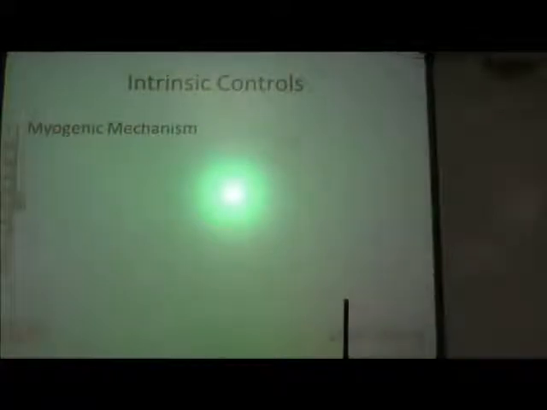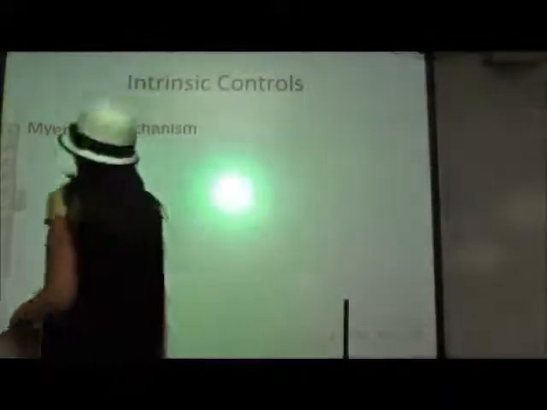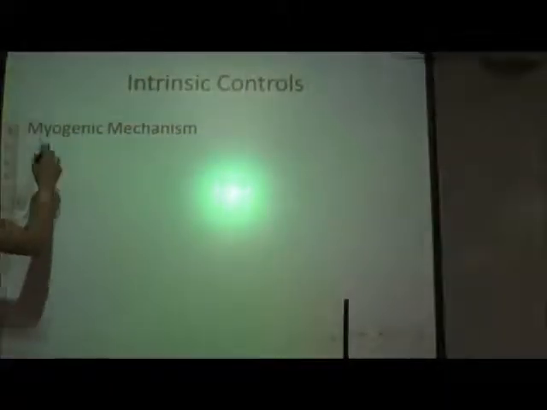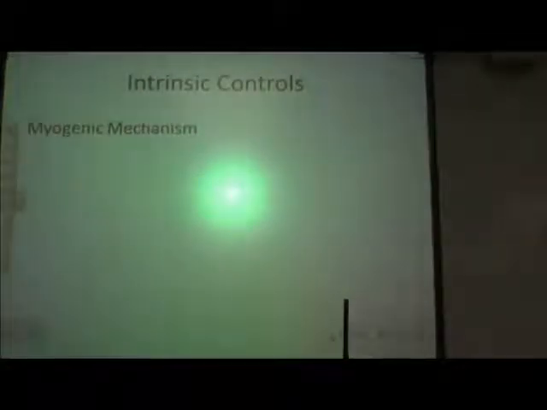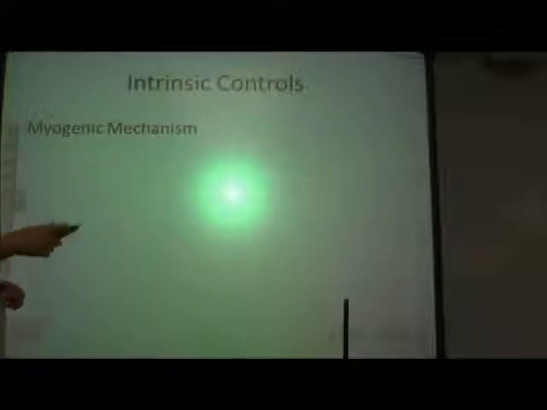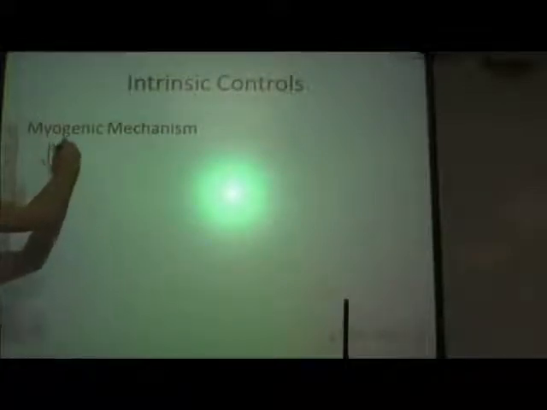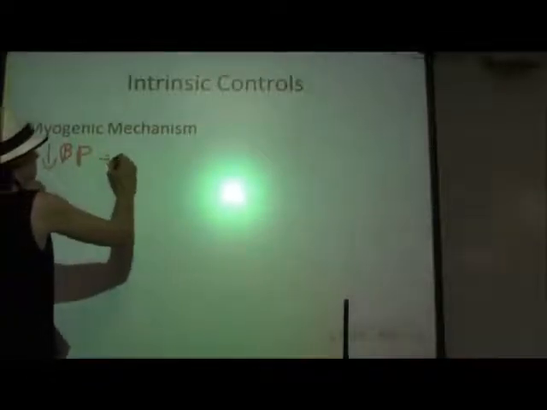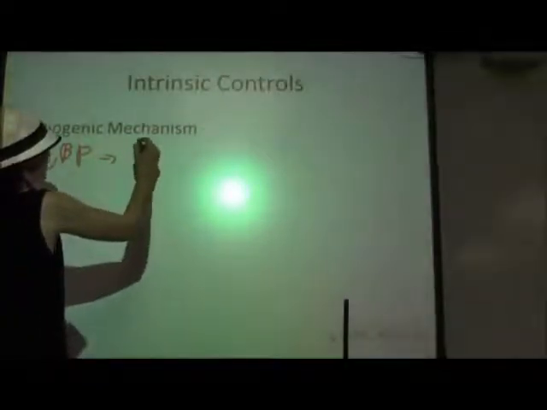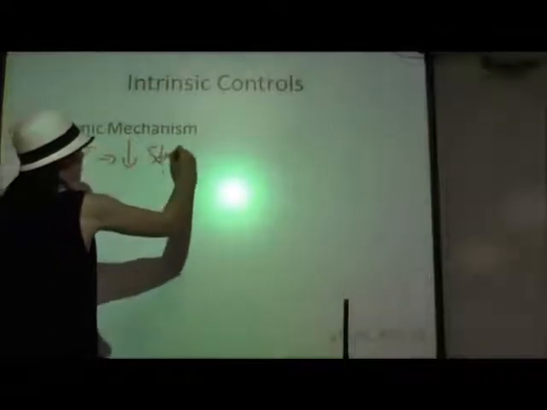And we've got two. The first is the myogenic mechanism. Myo referring to muscle, genic being genesis. So the muscle is going to make the change in this type of control. The afferent arteriole has baroreceptors that are responsive to different levels of stretch. So if we get a drop in blood pressure, that's sensed by the afferent arteriole as a decrease in stretch.